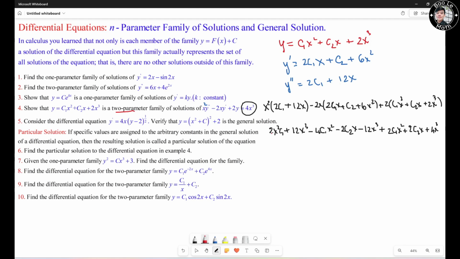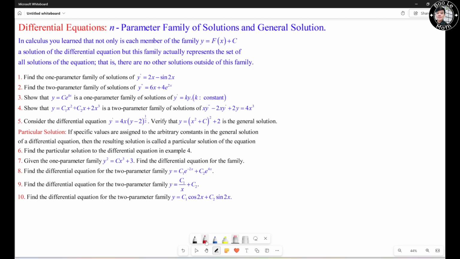Now I'm going to simplify. This is negative 4c1 s squared and this is 2c1 s squared, so these cancel out. Now 12s cubed and negative 12s cubed cancel out. These cancel out. We only have 4s cubed left, which is this right here. So this has been verified, and this is a two-parameter family of solutions to this differential equation.